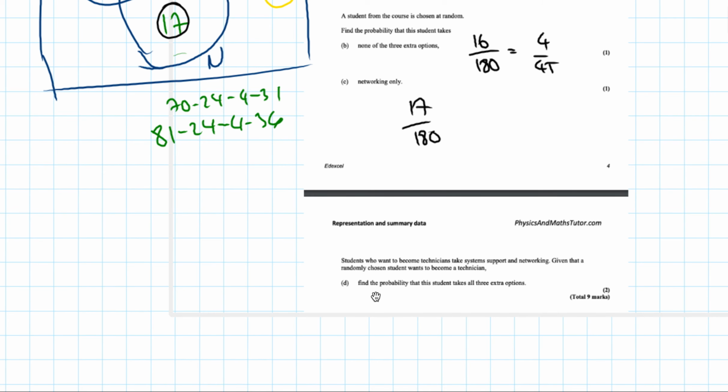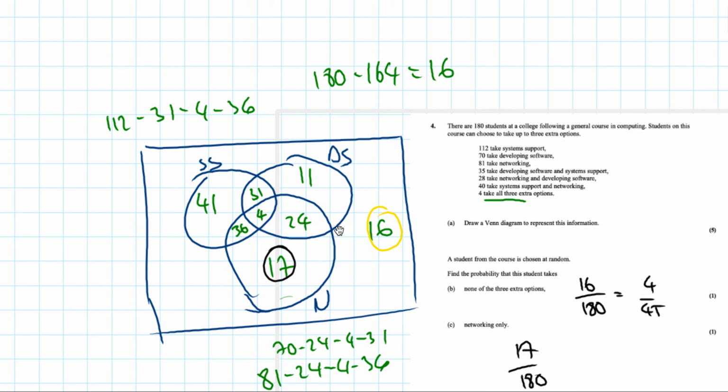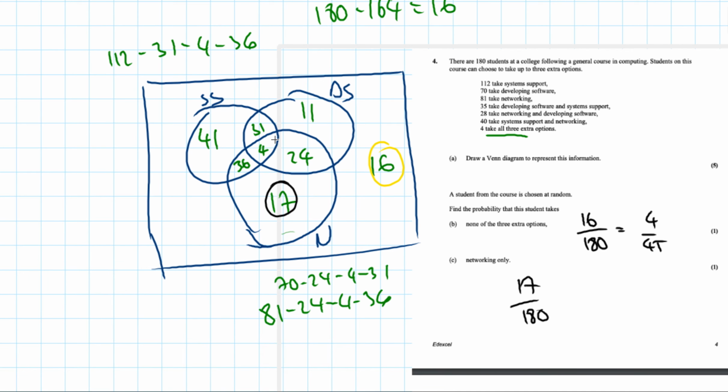A student who wants to become a technician takes system support and networking. Given that a randomly chosen student wants to become a technician, find the probability that this student takes all 3 extra options. So students who want to become technicians take system support and networking. So system support and networking is this one here. So you've got 40 students that are in here.